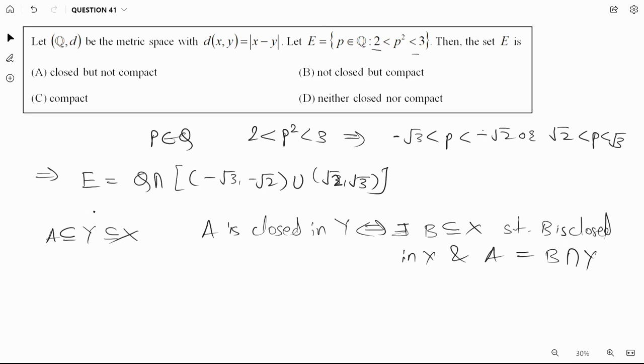So if we can write E as some closed set in R intersected with Q, then E is closed in Q, right? So let's check.